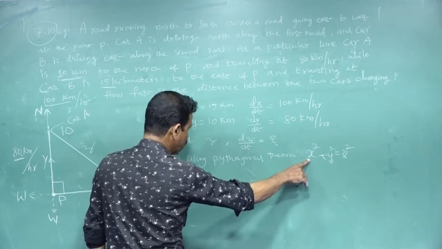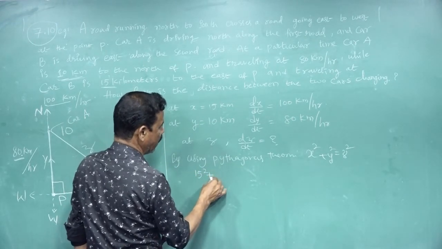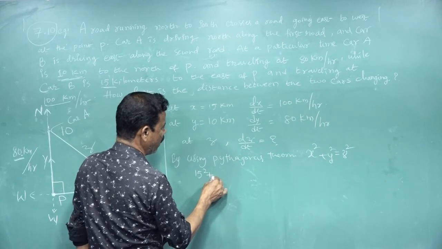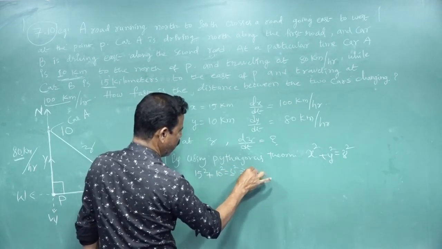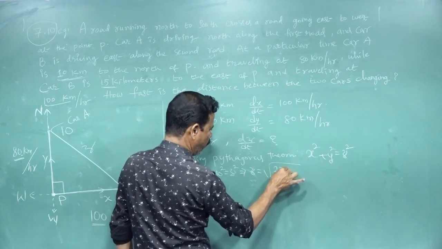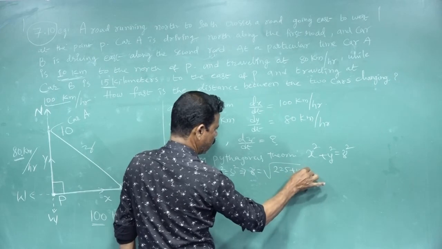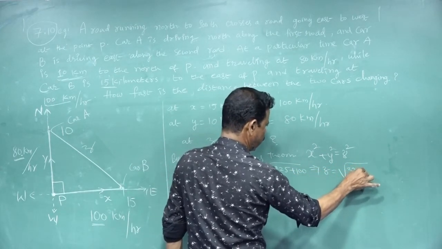So substitute the x value: 15 square plus y square, 10 square, is equal to z square. So z is under root of 15 square, 225, plus 100, which implies z is equal to under root of 325.